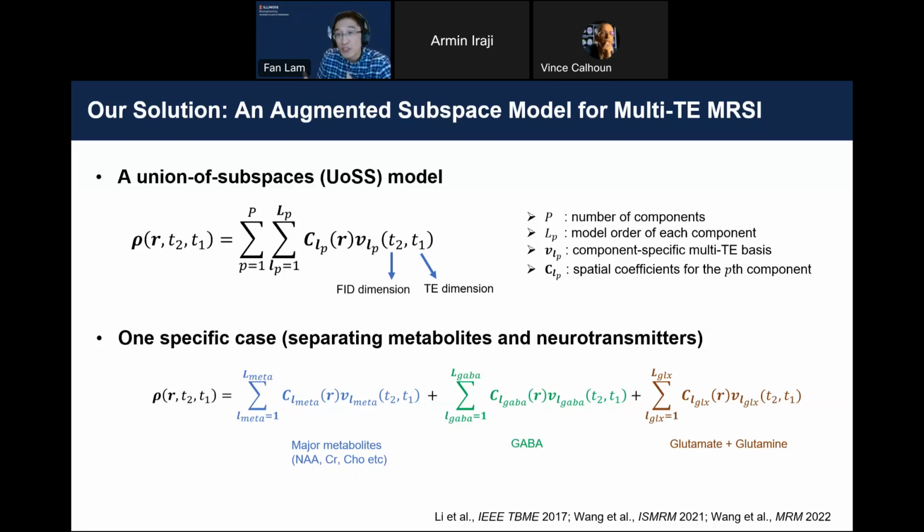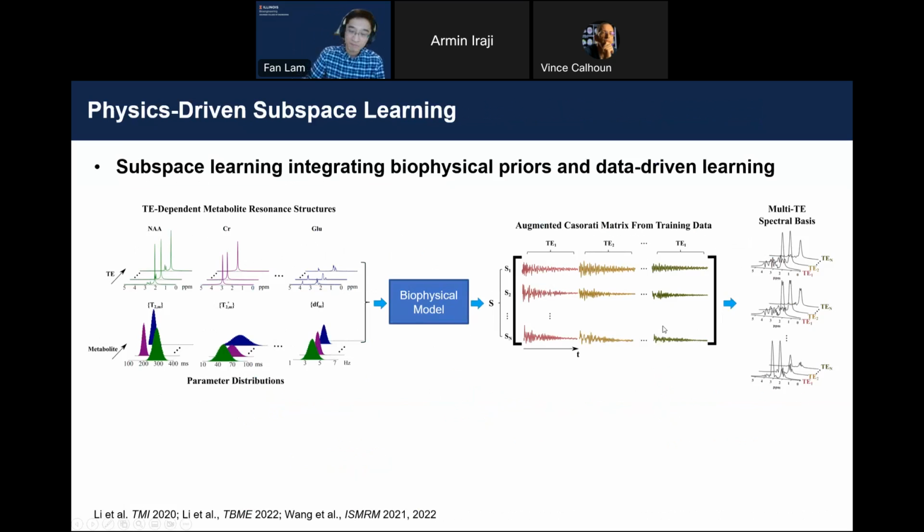How do we introduce the years of knowledge from chemistry, biochemistry, and NMR spectroscopy studies into this approach, to design a physics-driven subspace learning strategy that allows us to pre-learn this subspace and then transform this high-dimensional imaging problem into one that only needs to recover the low-dimensional spatial coefficients?